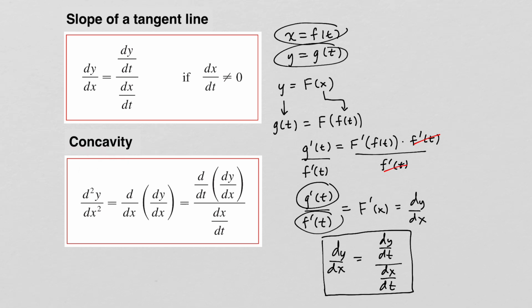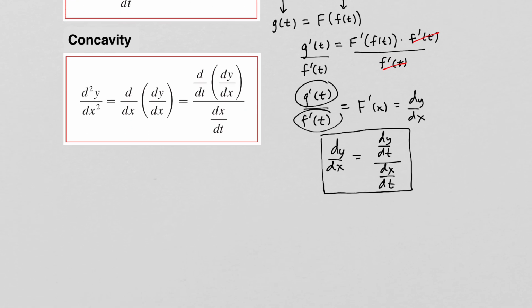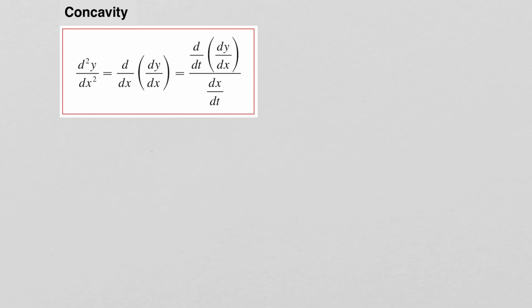For concavity, we need the second derivative. And we know the second derivative of y with respect to x is the derivative with respect to x of the first derivative. But dy dx is also a function of t.